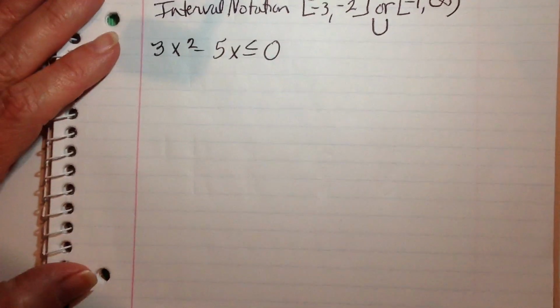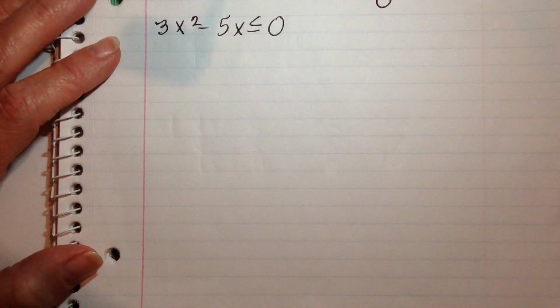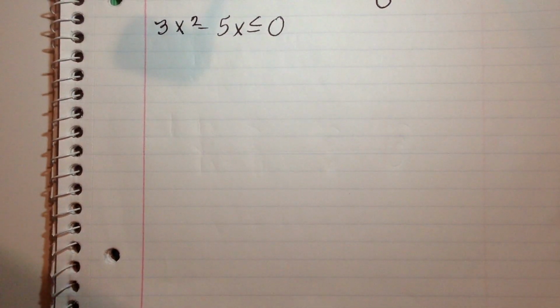Next, let's look at this problem here. Same instructions. Solve each polynomial inequality. To solve a polynomial inequality, what you want to do is to factor first. Like the previous problem, it already had parentheses, so it had already been factored. But with this problem, I don't see any parentheses, so we need to factor.